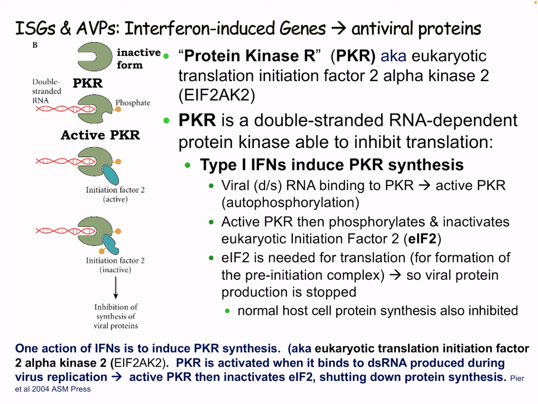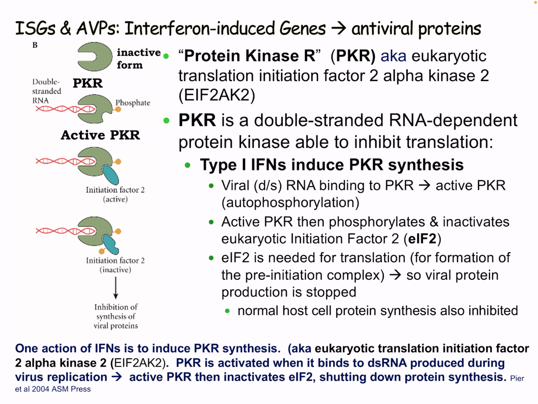So now we're going to take a look at PKR. Protein kinase R, or PKR, also has a quite complicated name, also known as eukaryotic translation initiation factor 2 alpha kinase 2. PKR is a double-stranded RNA-dependent protein kinase able to inhibit translation. Type 1 interferons can induce PKR synthesis.